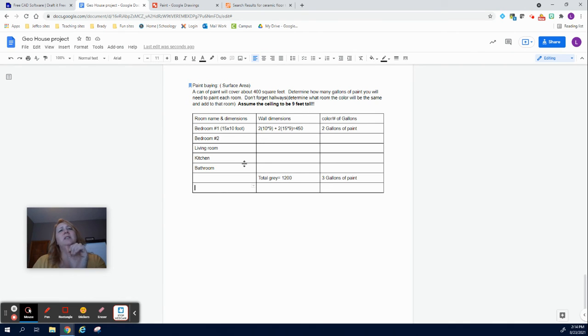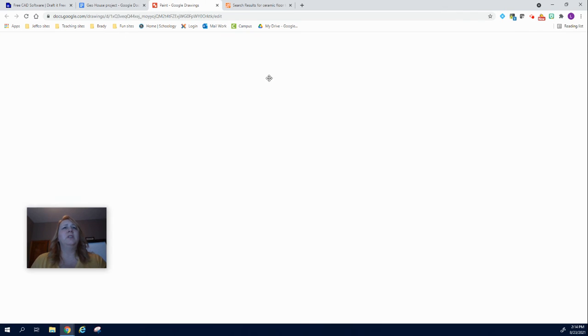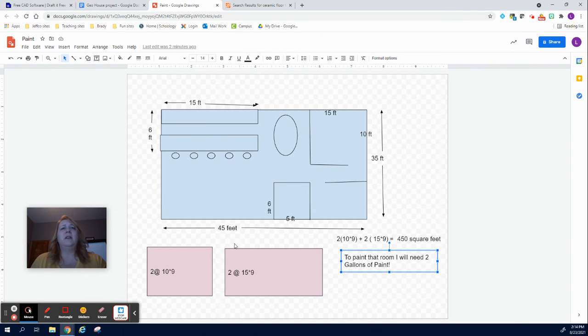I did not mention ceilings, so let's say we're not painting our ceilings. Okay. For extra, if you want to show me that you're amazing, you can add ceiling paint, which is a whole different paint altogether. Your ceiling paint is going to cover your entire house, and my entire house was 45 by 35.